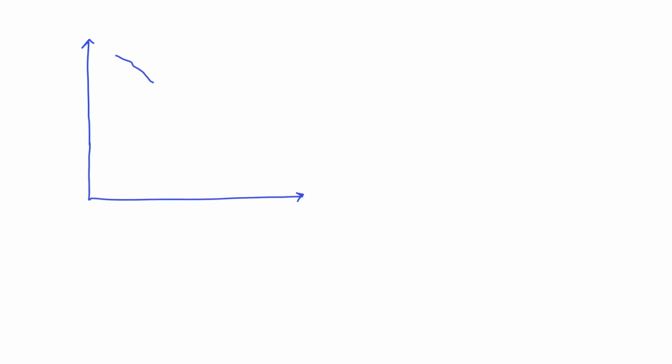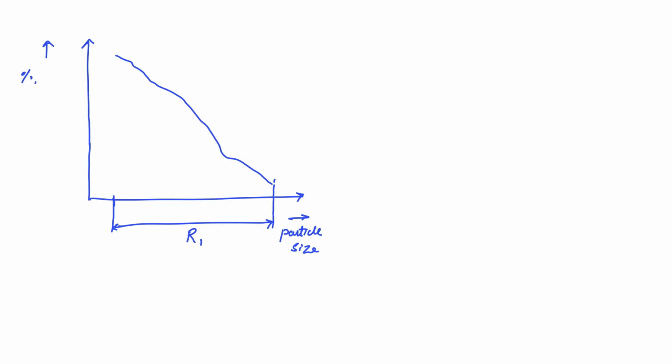Let us suppose that this is the graph. Please understand this is the biggest size of particle, whereas this will be the smallest size of particle. Yes or no? And this range is quite big. On the x-axis, what was the graph? That was the particle size. And on the y-axis, that was the percentage finer.